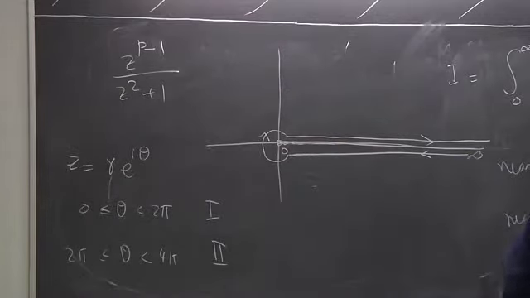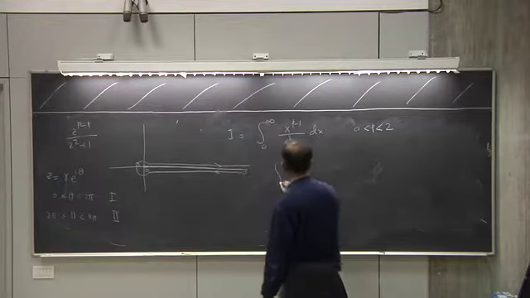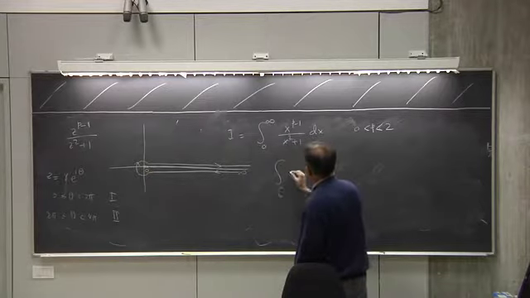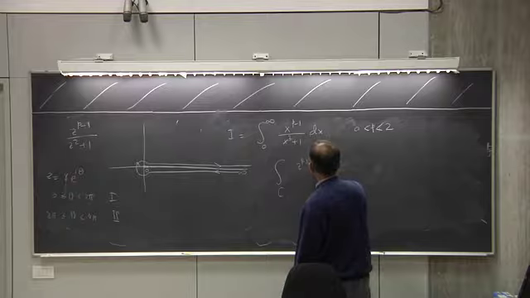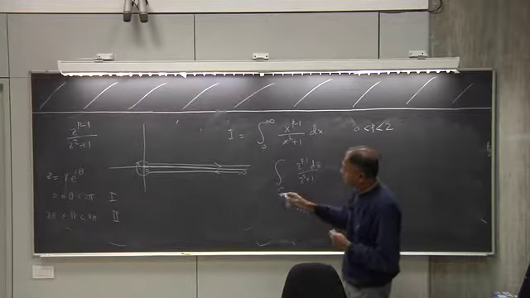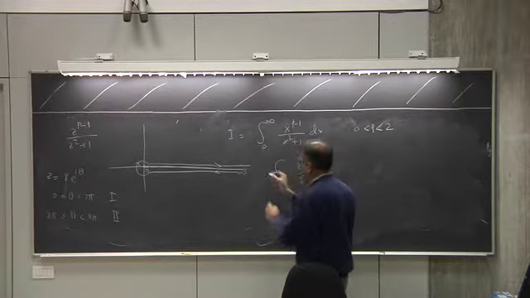Okay. So having done this, let's evaluate this contour integral of this function, z to the p minus 1 dz over z squared plus 1. The idea is, of course, finally, actually let me even consider this.